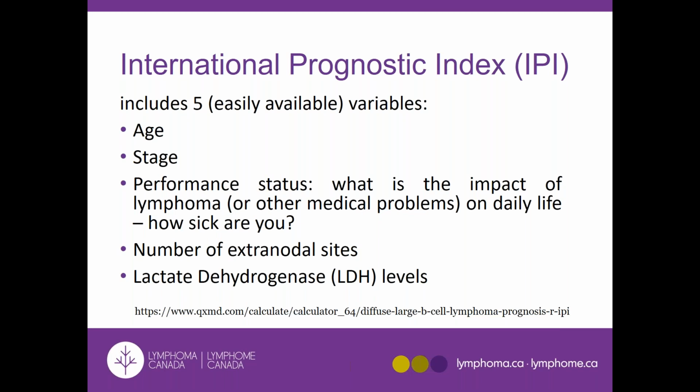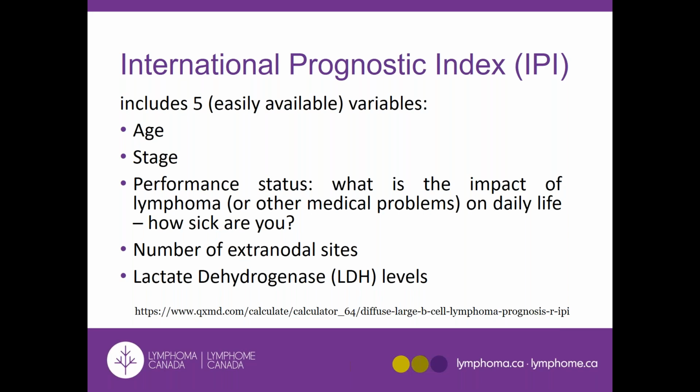There are some easily available variables that can help us categorize patients a little bit more in terms of the chances of doing well with chemotherapy. So age is important, stage, so whether it's stage 1, 2 or stage 3, 4, performance status, so how sick is a person when we first meet them, number of extranodal sites, so those are again the sites outside of the lymph nodes, and a blood test called LDH.